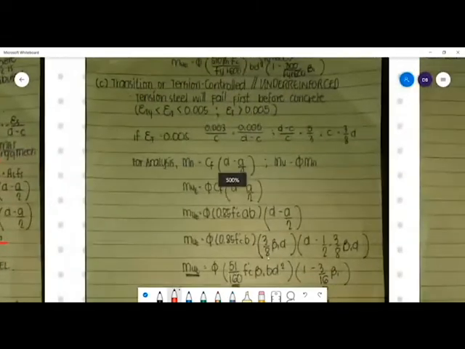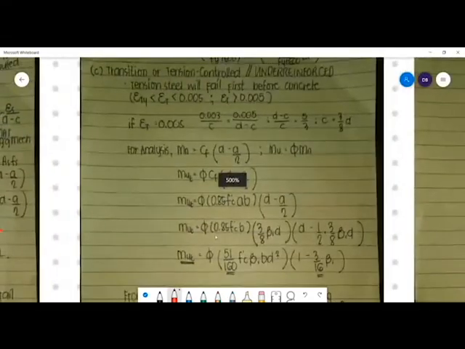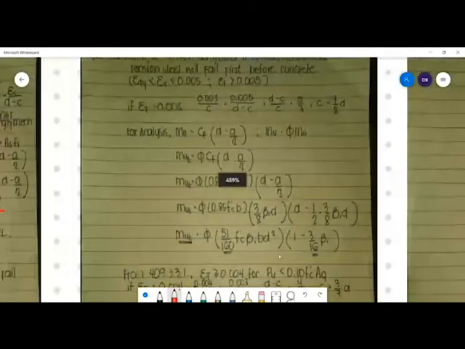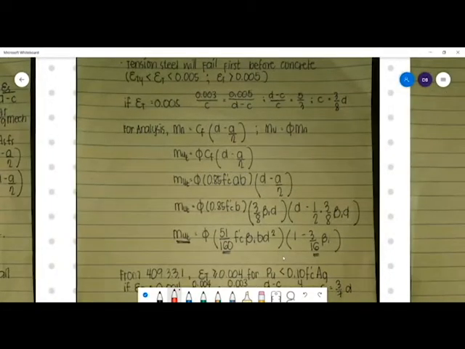So we use the formula that we derived earlier, a = β1 c, and we are able to find out that M_u is equal to φ times 51/160 f'c β1 b d squared times (1 − 3/16 β1).